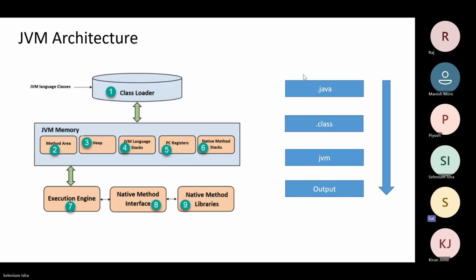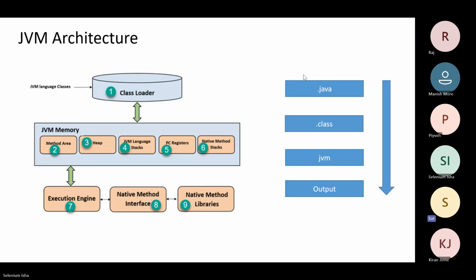So you create a program, you compile it, and when it gets loaded into a JVM, the JVM will execute that code and give an output. Which means you create your programs in Eclipse or any IDE, and then you compile it, and that compiled program gets loaded into the JVM.